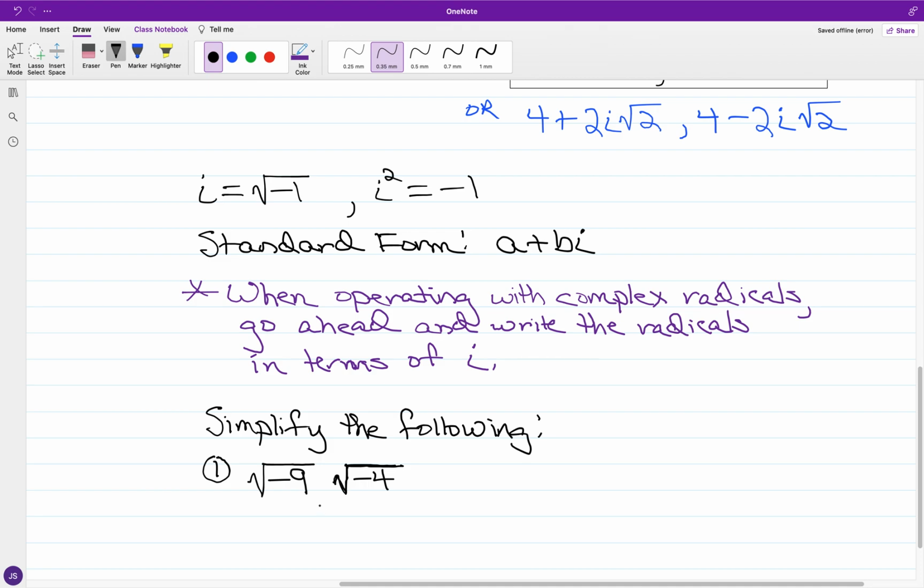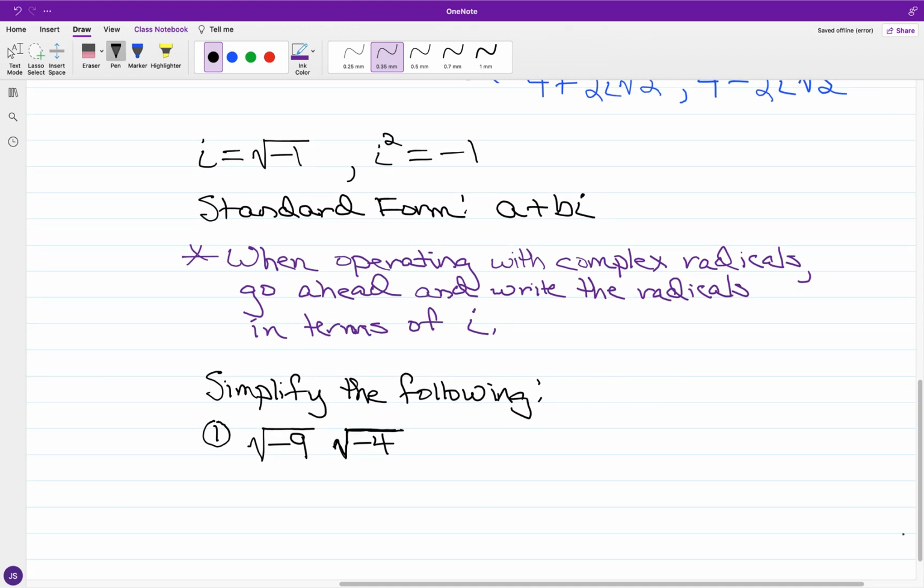Okay, now the pathway to arriving at the solution, namely the product of the square root of -9 and the square root of -4, is not going to be through the aforementioned route. What we're going to do here is take the square root of -9 and the square root of -4 and write these in terms of the letter i.